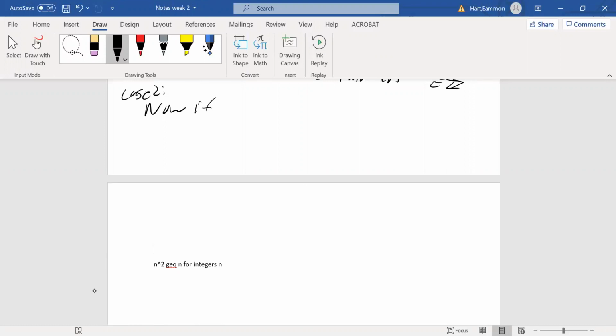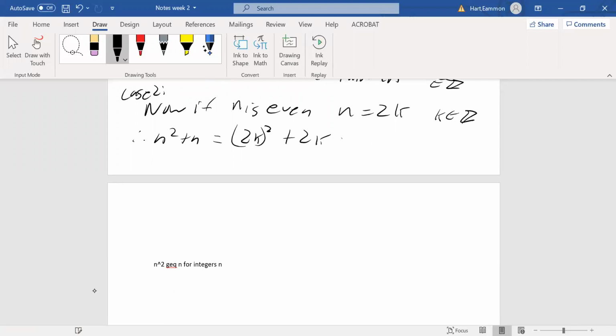Now, if n is even, then n is equal to 2k for some k in the integers. Therefore, n squared plus n is going to be equal to (2k) squared plus 2k, which is equal to 4k squared plus 2k, which is equal to 2 times (2k squared plus k).